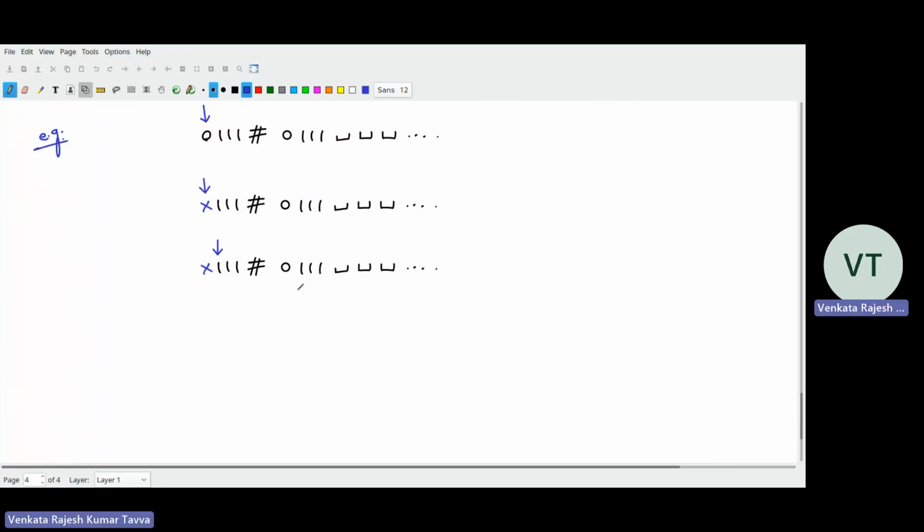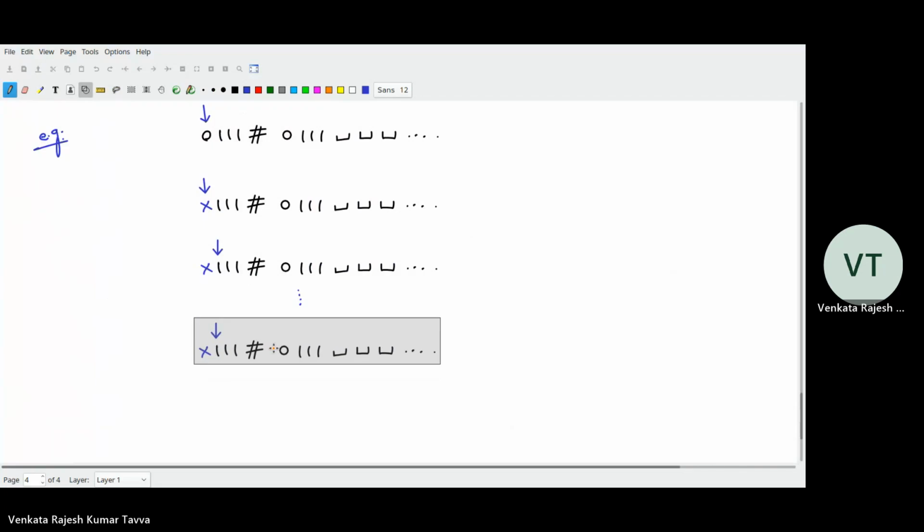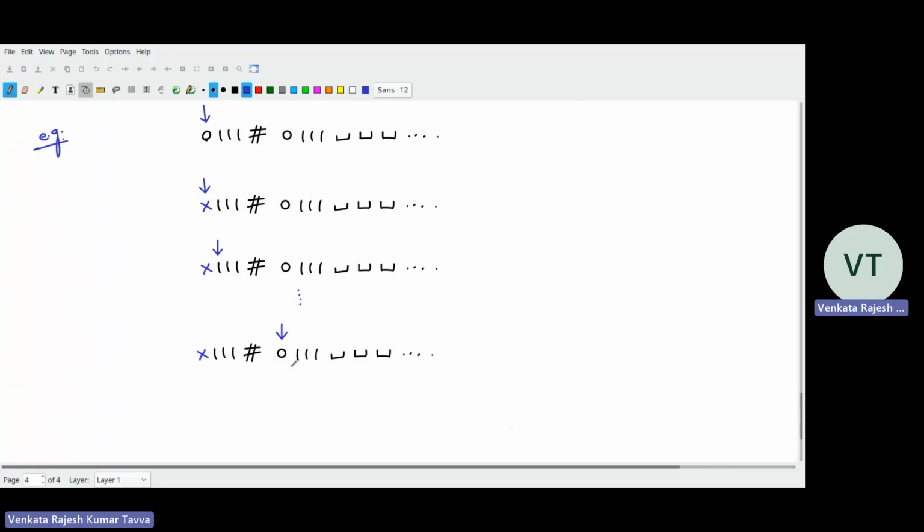Okay, so I will continue moving right until I reach the first uncrossed symbol after hash, that is 0. Now this 0 is matching with the previous symbol that I saw. So I have memory in the sense that whatever symbol I saw earlier, that much I can remember, one symbol. So now this symbol is matching with that.